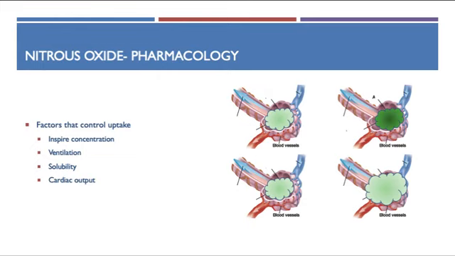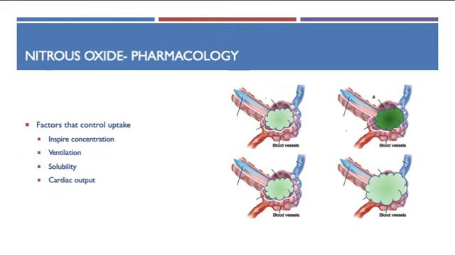But it does mean that the gas will be more widely distributed throughout the body, and from a practical standpoint, this means that the patient may experience certain clinical side effects, particularly if the concentration of the gas in the blood is too high. And we'll talk a little bit more about what that looks like later on in the lecture.